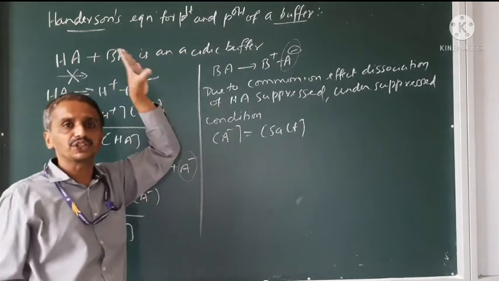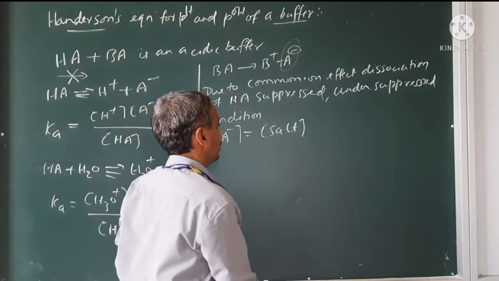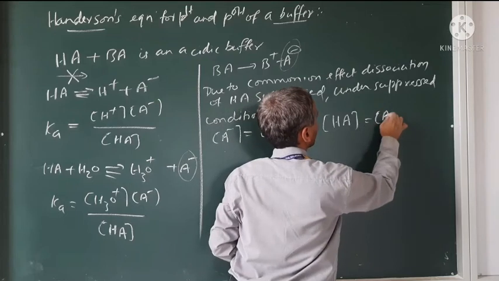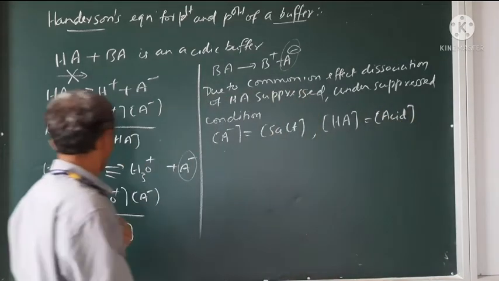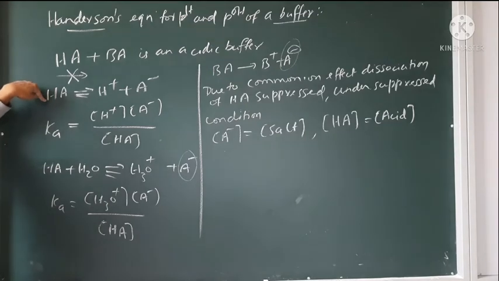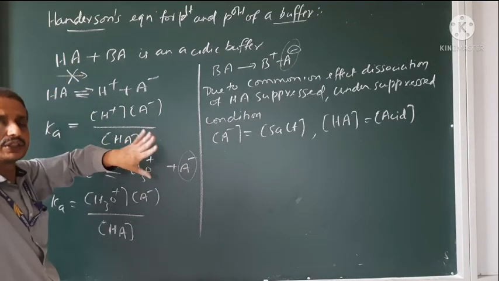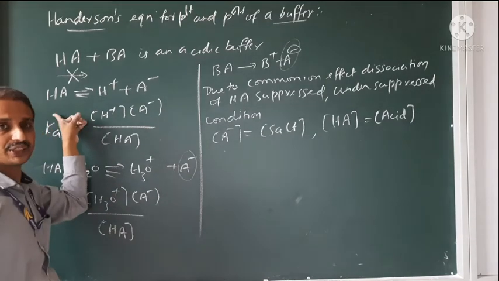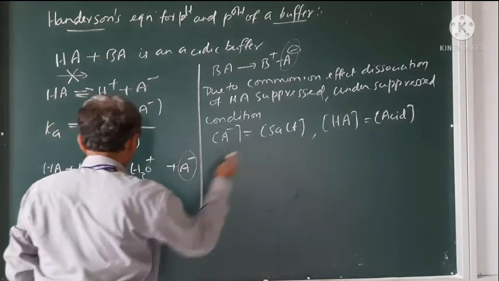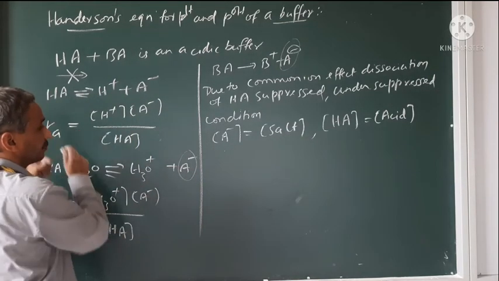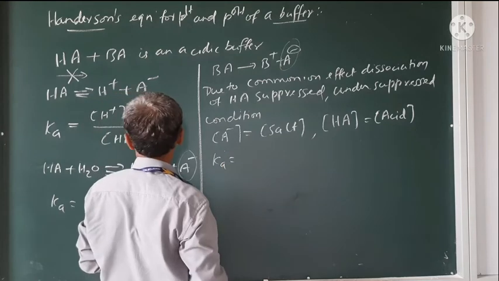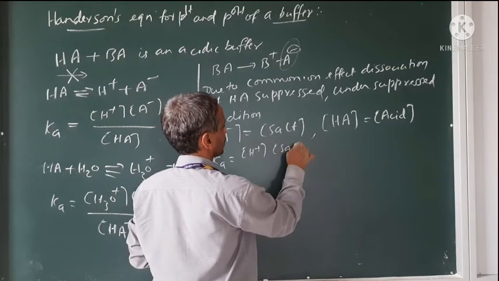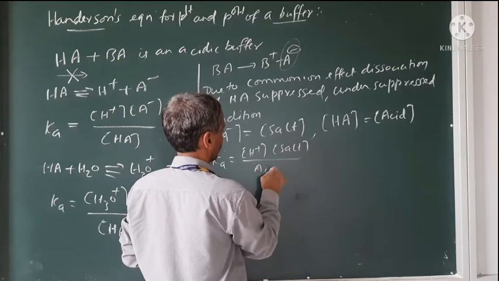So the A minus concentration is from the salt concentration only, and the HA concentration is the acid concentration. HA suppressed means the acid concentration is due to the HA only. So substitute this in this equation.